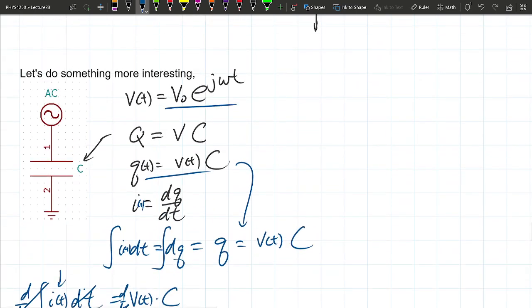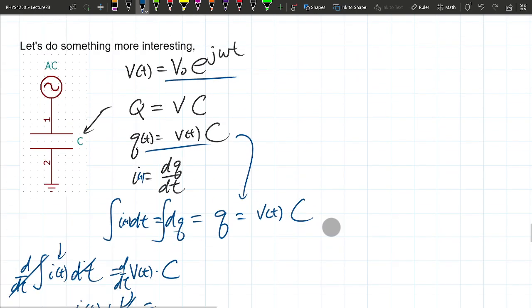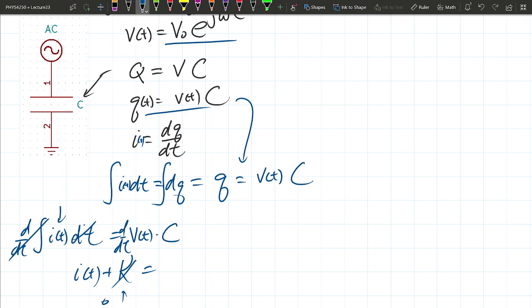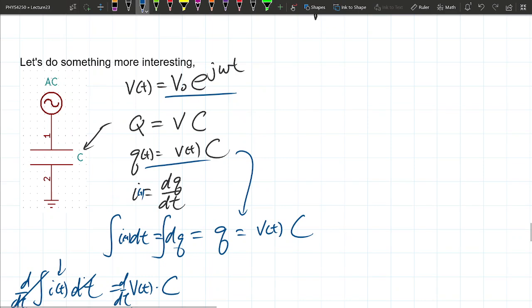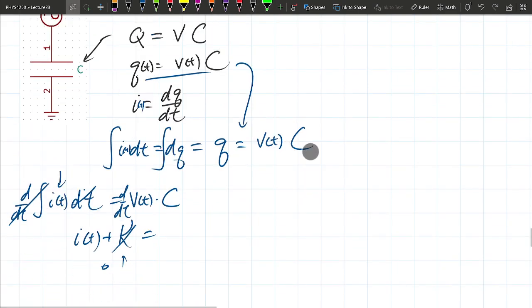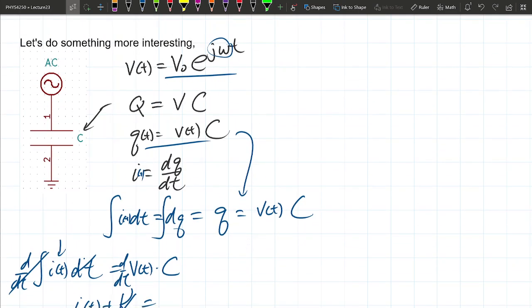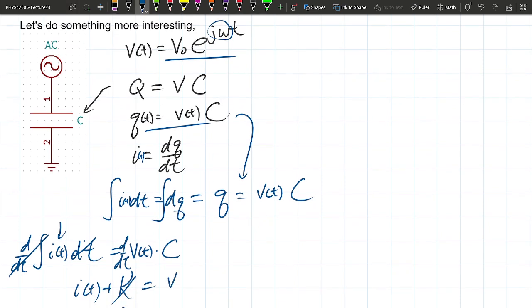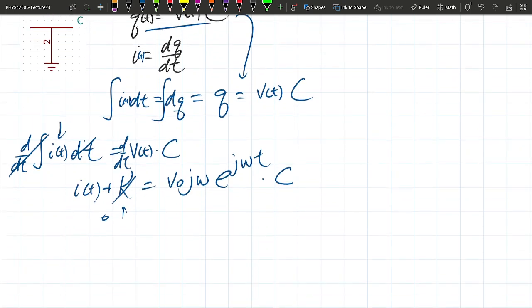So if I differentiate this, that's why I showed you how to differentiate, it's going to be the same thing, with the constant falling off. This is going to be V naught j omega times e to the j omega t times another constant, C. Notice that there's a j here.